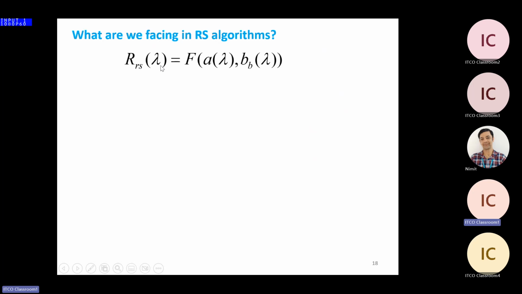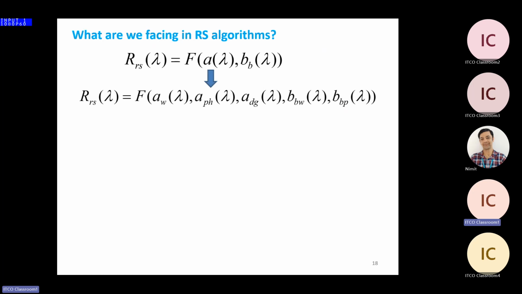Remote sensing reflectance is a spectrum, no matter whether it's 5 bands, 100 bands, or 200 bands. This spectrum is made of at least two spectra: one is the absorption spectrum, another is the backscattering spectrum. We spell it out.